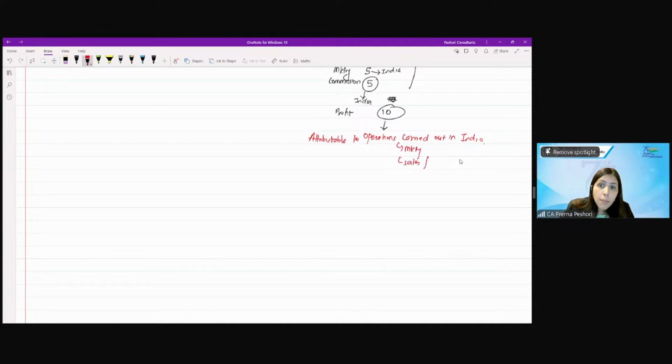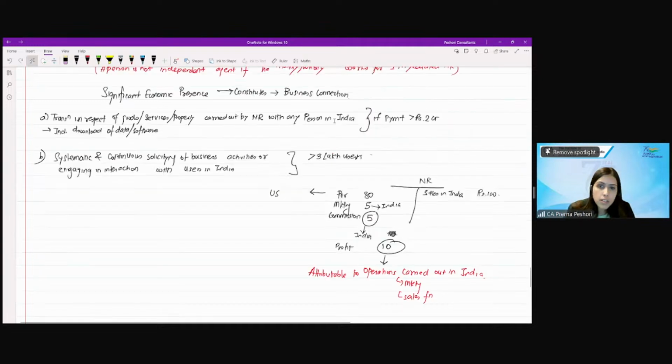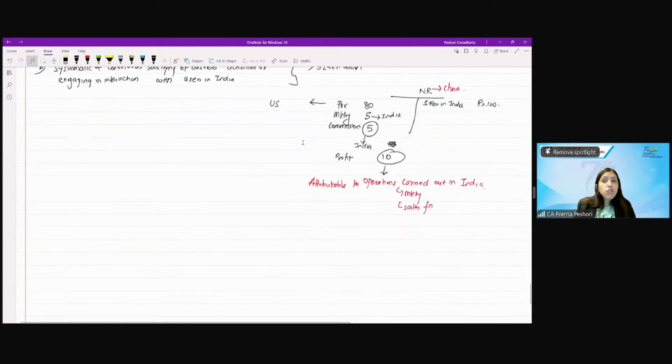Now you will say, ma'am, how will we identify? How will we distribute the proportion of 10 between India and the country of residence of the non-resident? Let's say this non-resident is based out of China. How will we attribute 10 between India and China? Because China will say we have purchased in China, even though we have purchased from US, but the stock is coming first to China.